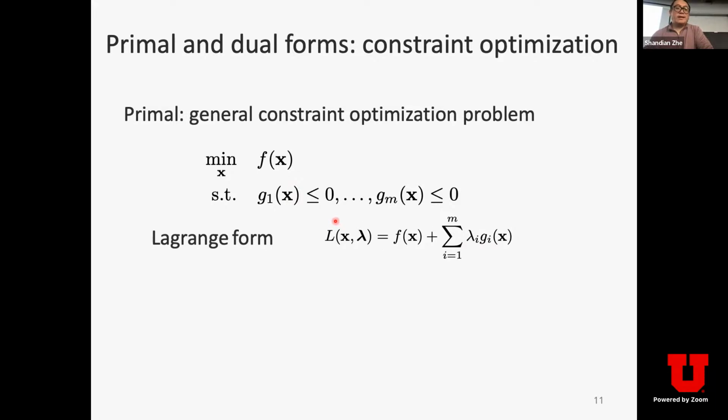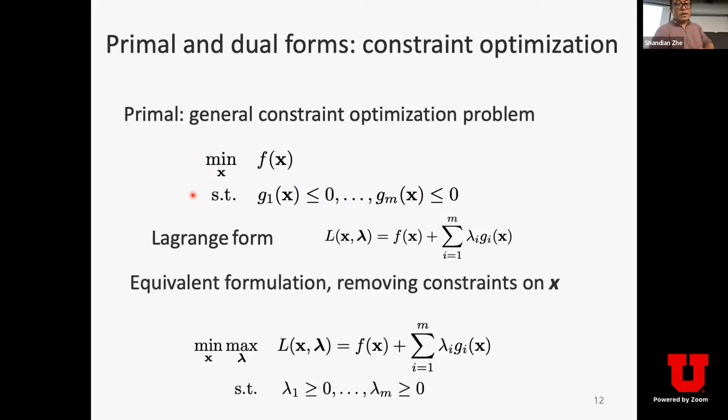So why do we construct a Lagrange function? We can convert this general constrained optimization problem into a minimax optimization problem over the Lagrange function. In other words, solving the constrained optimization problem is equivalent to solving this new problem, which does minimax optimization over the Lagrange function.